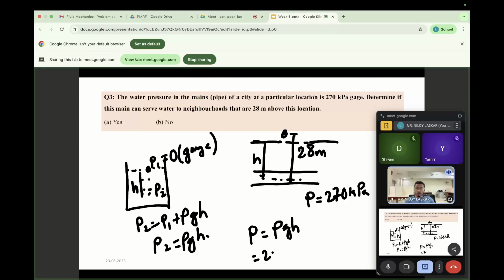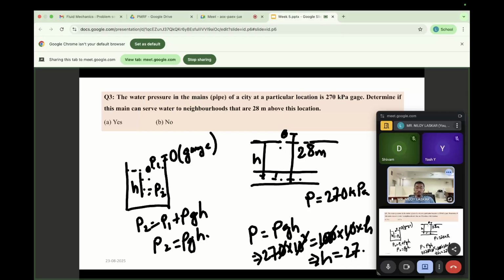P is given as 270 into 10 to the power 3. Rho is 1000, into g, 10 or 9.8 you take, into H. So the two will cancel out, and this will cancel out. That means H I get as 27. That means this reference line is at 27 meter.